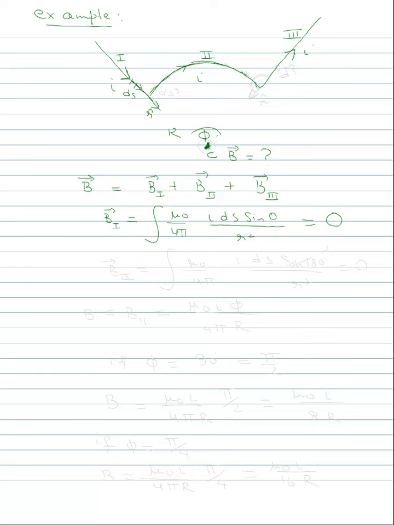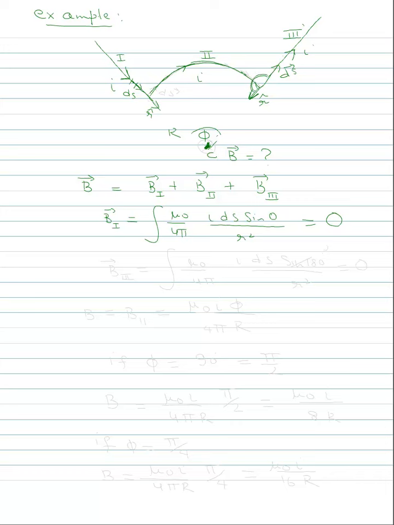Similarly, look at the contribution due to part 3. Here, your ds is going to be in the direction of current like that, and your r hat vector is going to be pointing towards the center like this, and this time the angle between ds and r hat is 180 degrees.